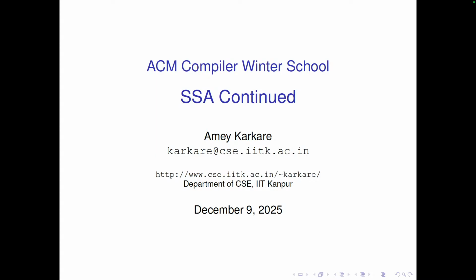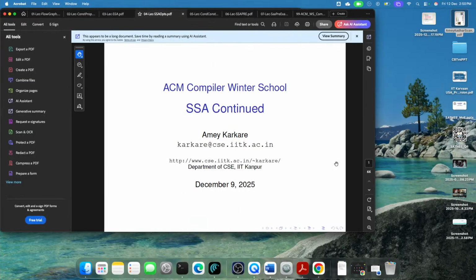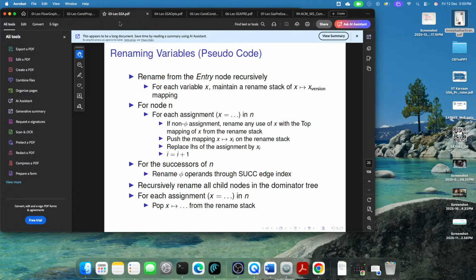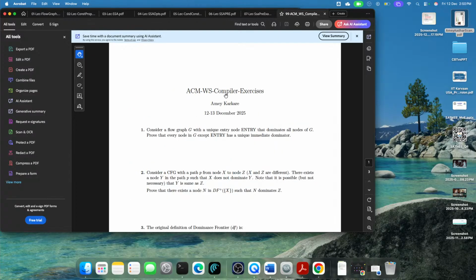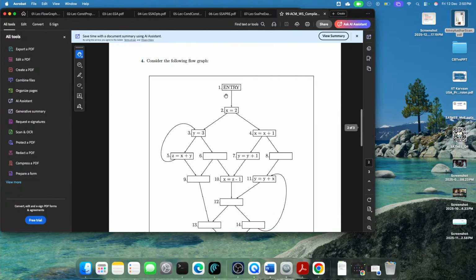Sir, and according to me we are getting a phi function at block 3 as well. Phi function at block 3? For y. For y, okay, so we'll have to see the code. But how will we get conflicting definitions of y at block 3? We have a definition of y at block 3, but see, a phi function will be needed because there will be two definitions reaching for y.